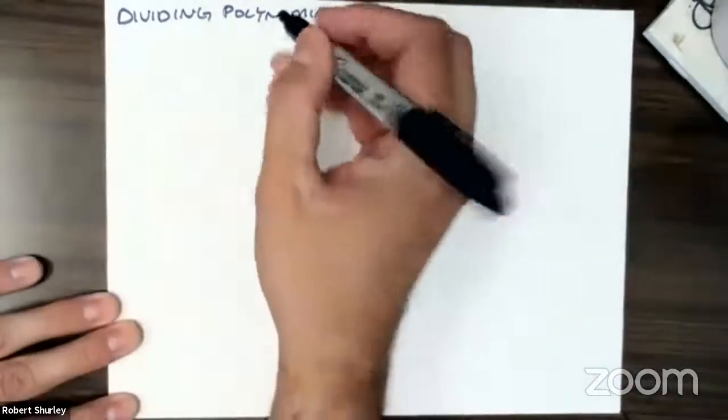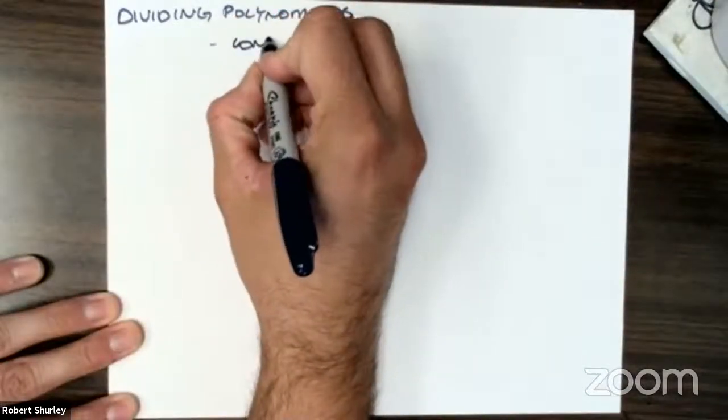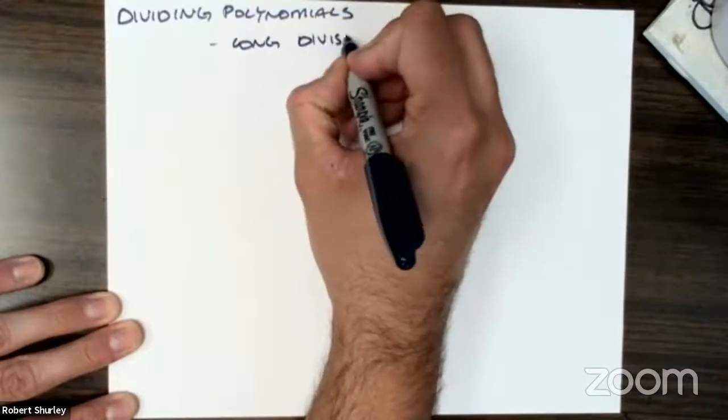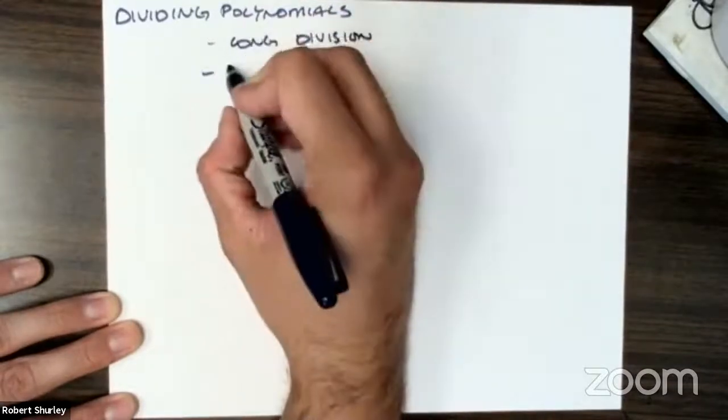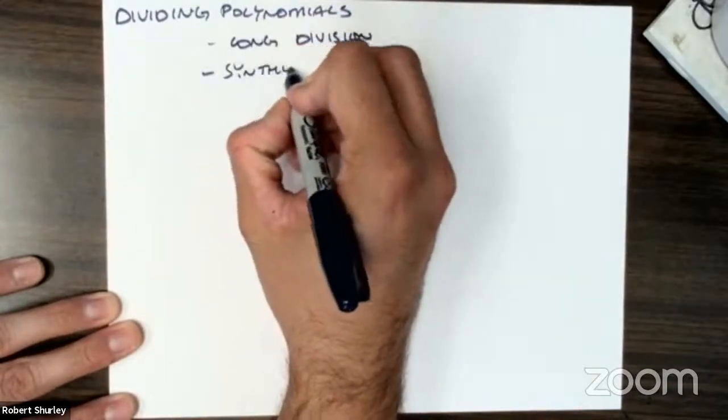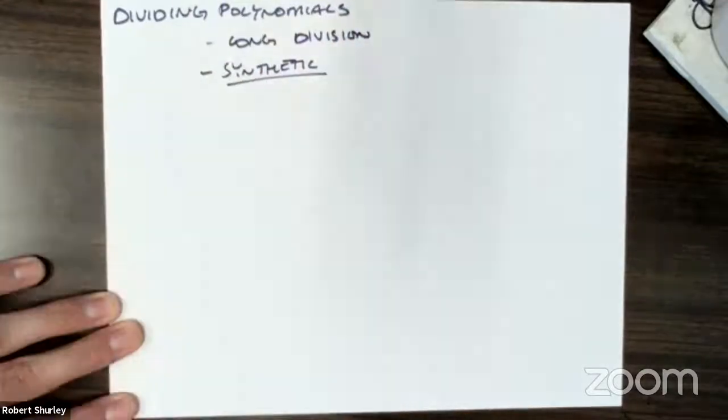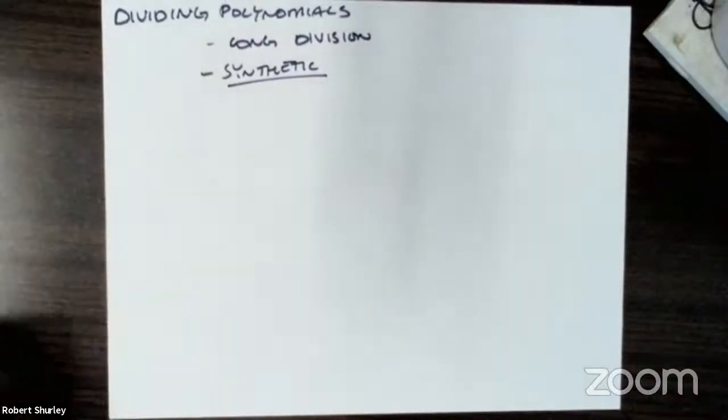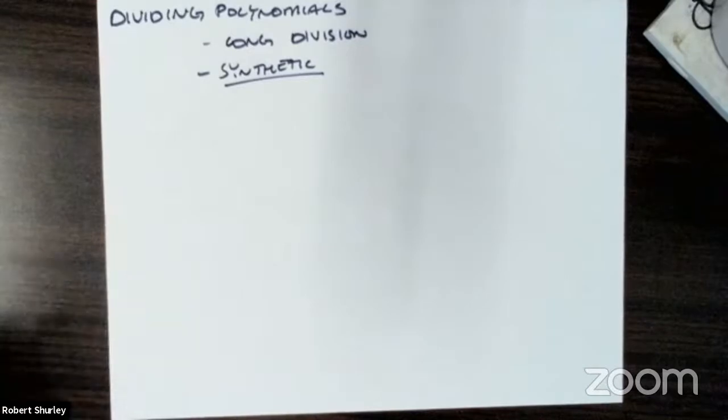Now there's two ways to divide polynomials. There's a long division way and there's synthetic. We are going to stick to synthetic. If you would like to know how to do long division of polynomials, you're more than welcome to get on the internet and Google it. It's not necessarily that it takes any longer or shorter amount of time to do.